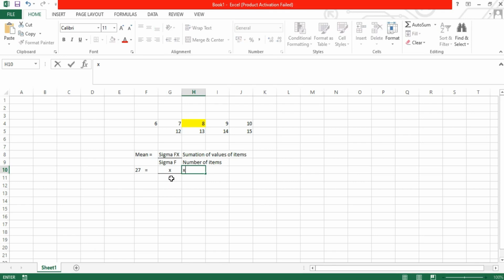You multiply this side by 5 and multiply that side by 5. By now you must be very familiar with multiplying these, right? So 5 into 27 will give you 135. So x is equal to 135. That means sigma fx, this value, is equal to 135.